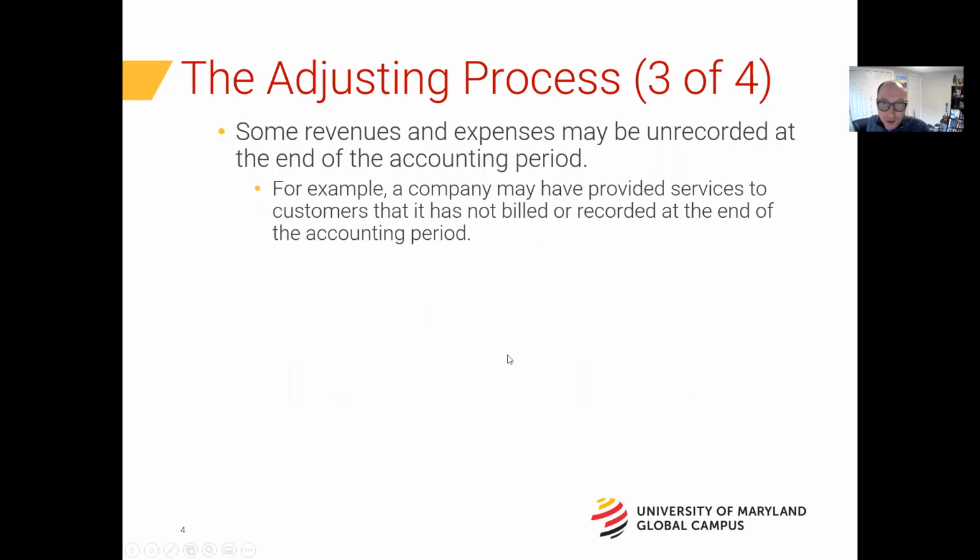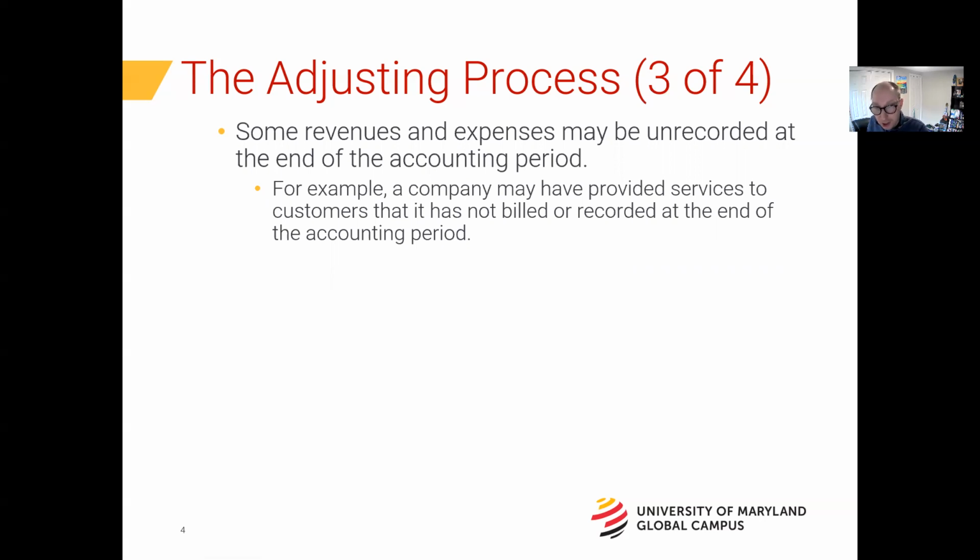So to sum up the whole concept, we make adjustments for transactions that have happened that have not yet been recorded, or we make adjustments to reflect the passage of time for revenues or expenses that we have paid in advance.